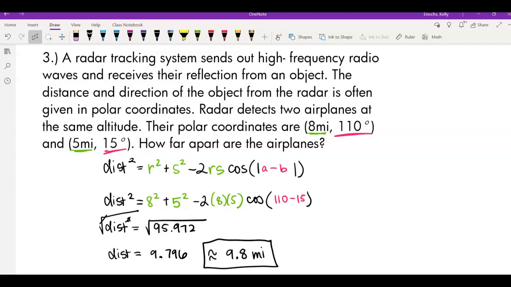So we're going to go through, and we have our two R values of 8 miles and 5 miles. Our two theta values are 110 and 15. Plug those in the appropriate places. So 8 squared plus 5 squared minus 2 times 8 times 5 times the cosine of 110 minus 15. Get my calculator out, type that whole thing in, and I get 95.972. Because it's the distance squared, I need to take the square root of both sides, take the square root, and I get approximately 9.8 miles.